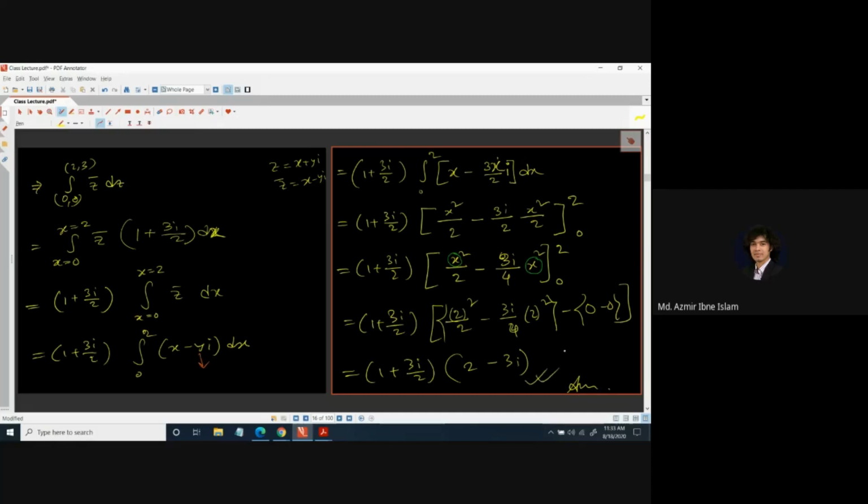But sometimes there may be a requirement that whatever answer you find, convert it to a + bi form. That means we need to multiply these two complex numbers. Is that okay? Sir, is it possible to do it in a calculator? Yeah.